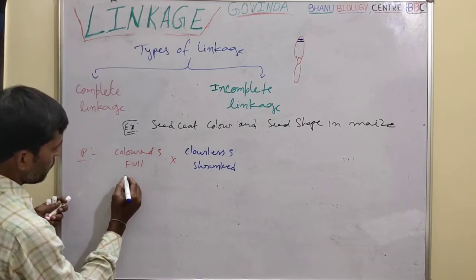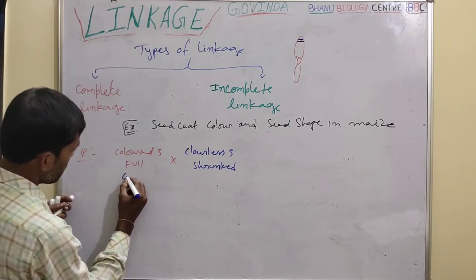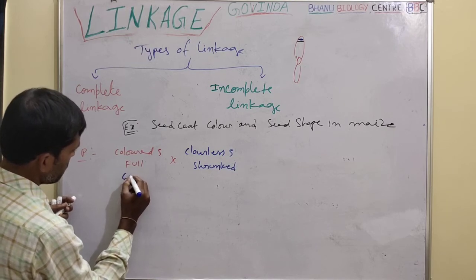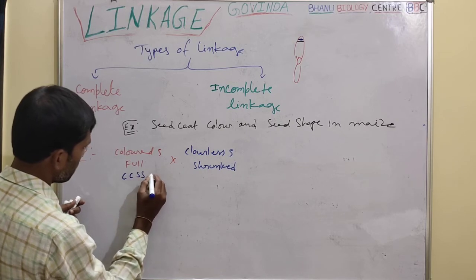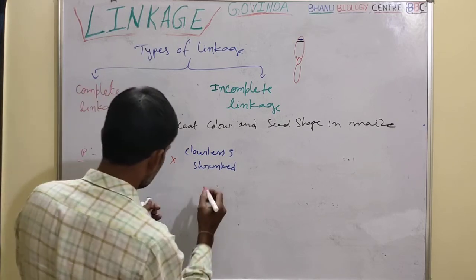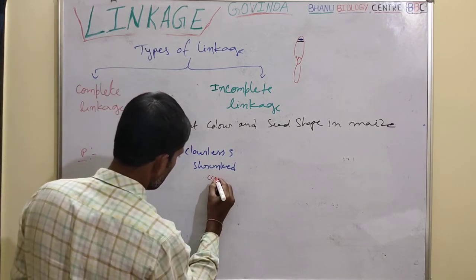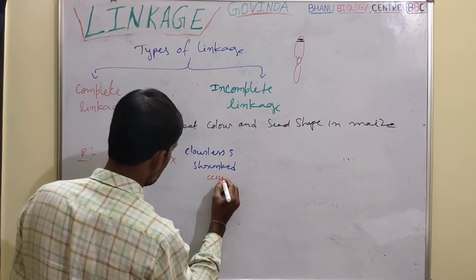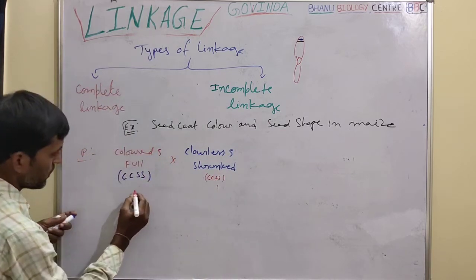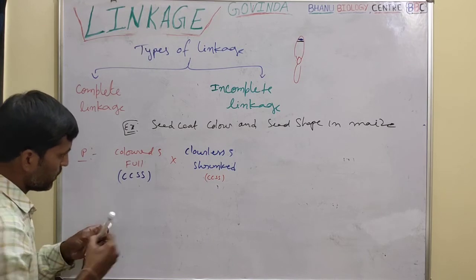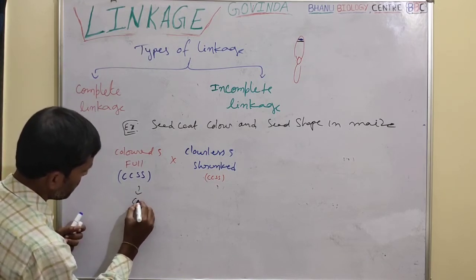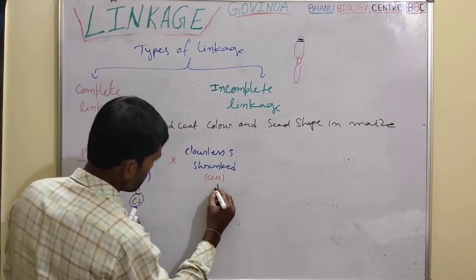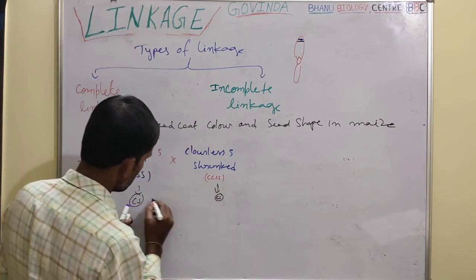The genotype of this organism is capital C, capital S, and here small c, small s, small s. The gametes produced by these organisms have capital C, capital S alleles, and these gametes have small c, small s.